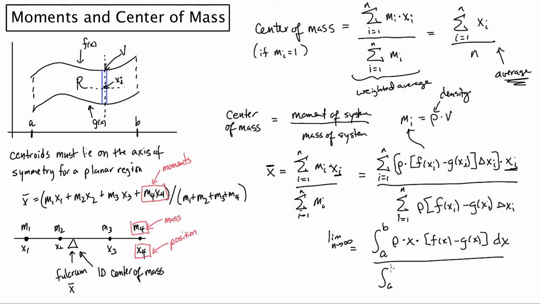Similarly, for the denominator, we would just have rho times f of x minus g of x. And what you see is the rho, if it's the same, if it's uniform, then it would disappear from the problem entirely. And if we do a similar thing for the y's, let me clear up some space here.